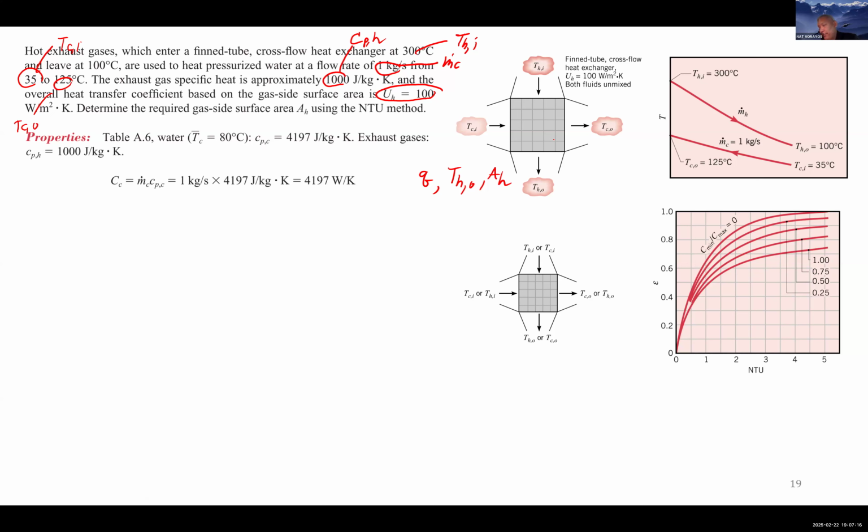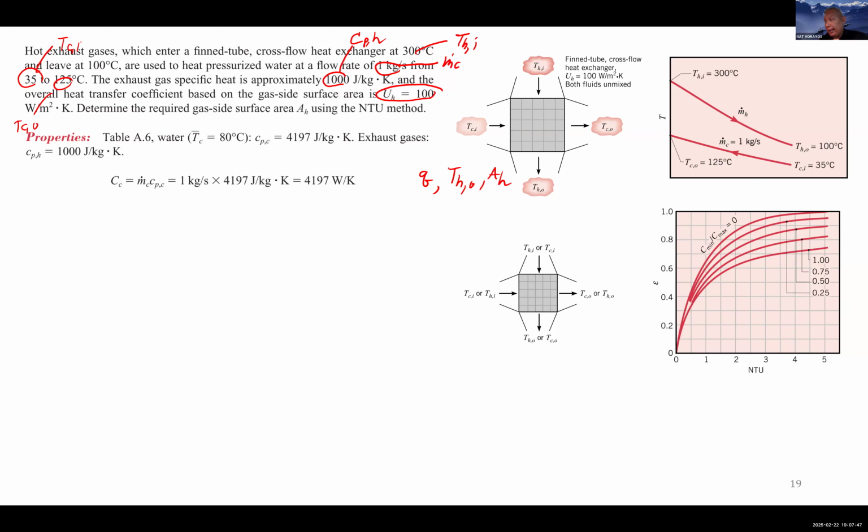The surface area. And it just toys with you, giving the strange subscript that you haven't seen before. Don't worry about it. However, you look at this problem and think about the concept that I told you. Right now, you have three temperatures: inlet and exit of the cold, inlet for the hot.